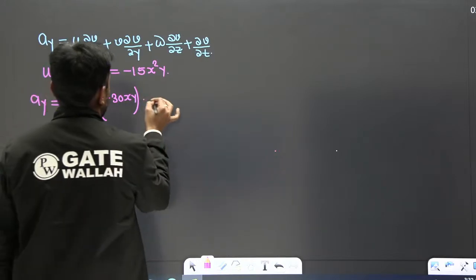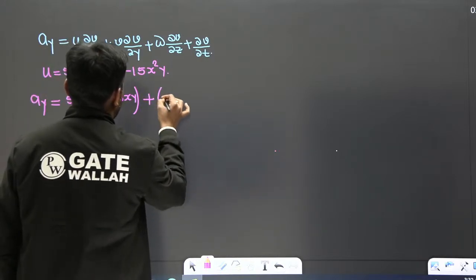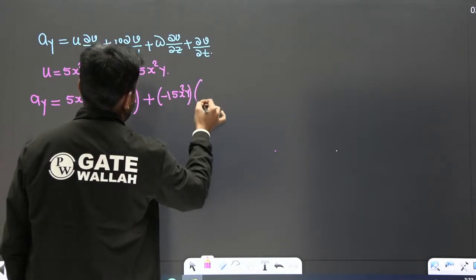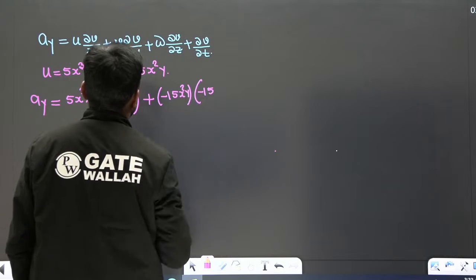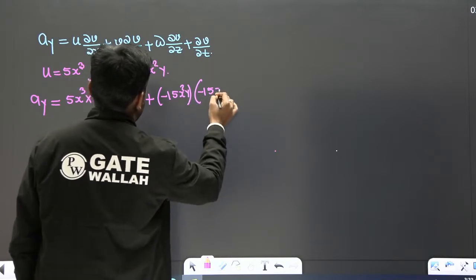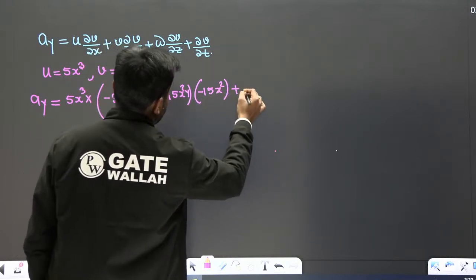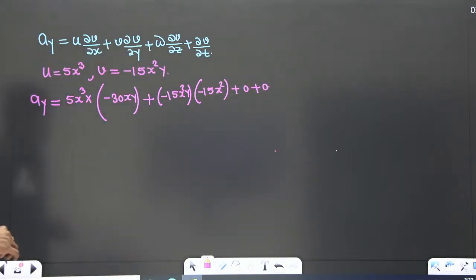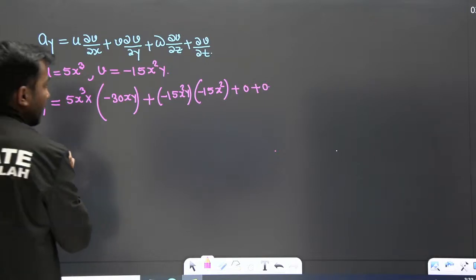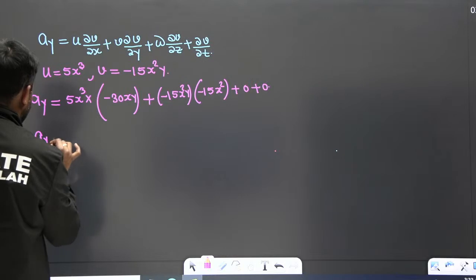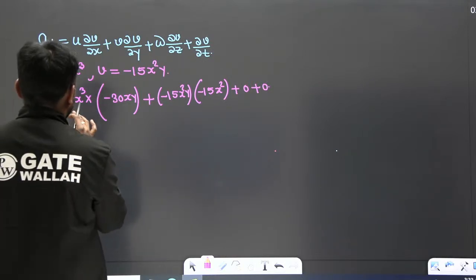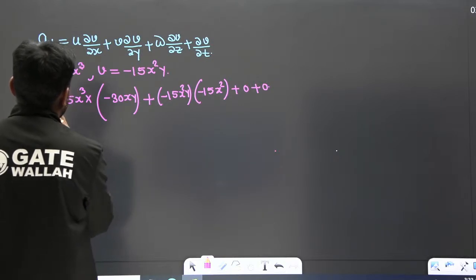Plus v, minus 15 x square y, and del v by del y is minus 15 x square. Total acceleration you have calculated. So what about the AY?